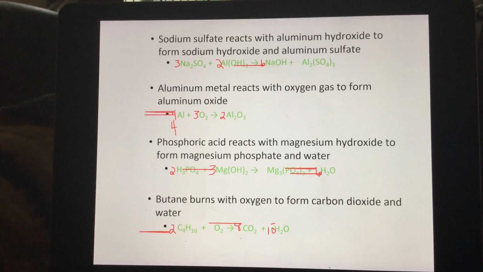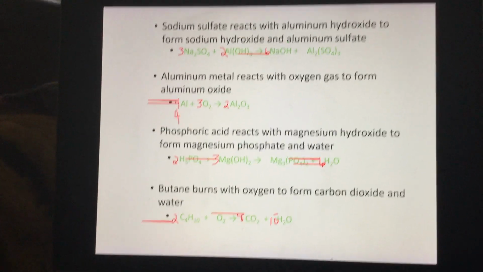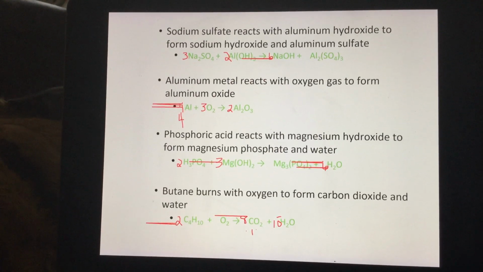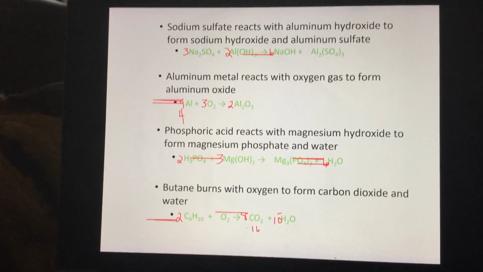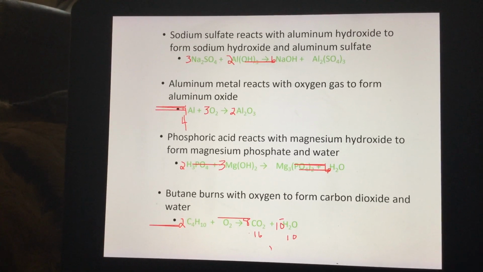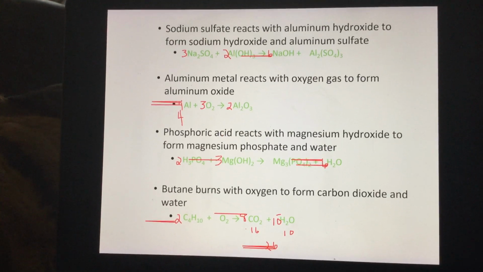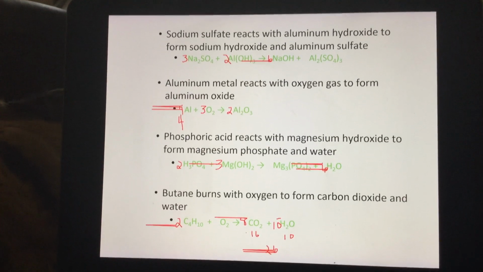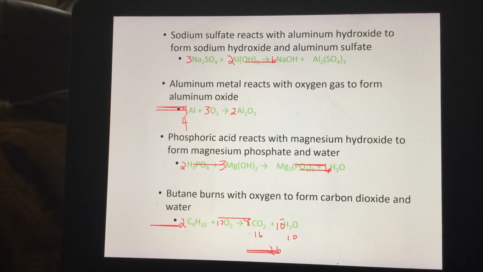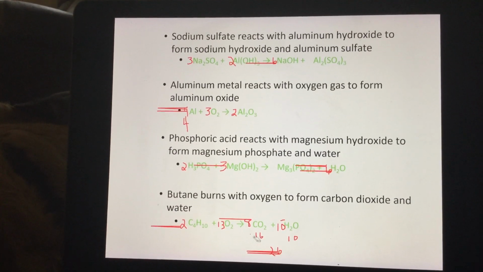Okay, so now that we've fixed and rebalanced everything that got changed, let's count up our oxygens. So now we have 16 here with the carbon dioxide and 10 here with the water, so that gives us a total of 26. And we can make 26 oxygens over here with the O2 by putting a 13. And then clean that up.